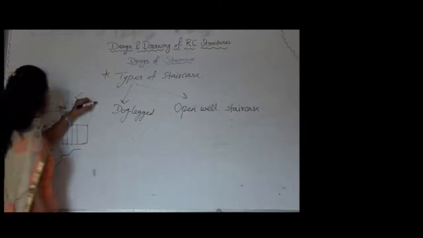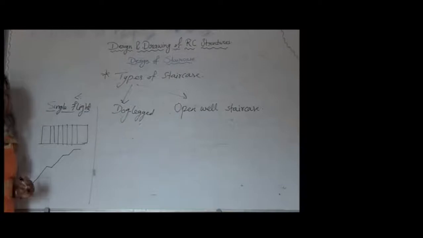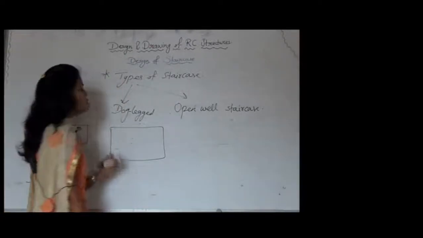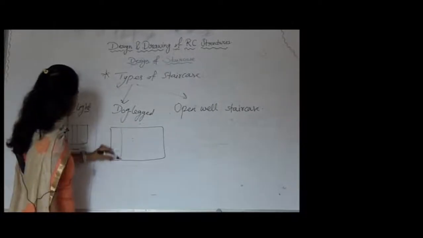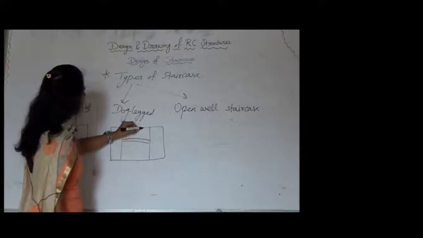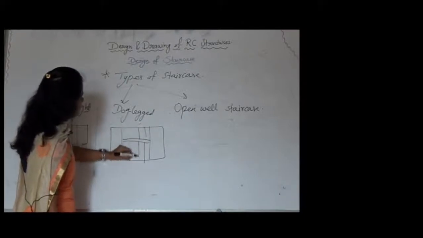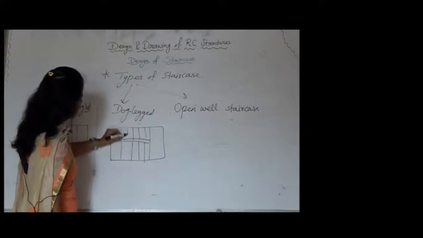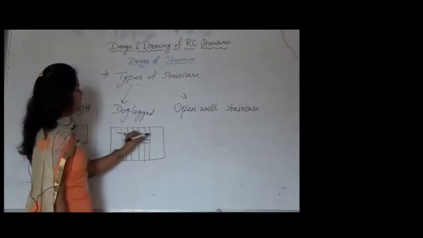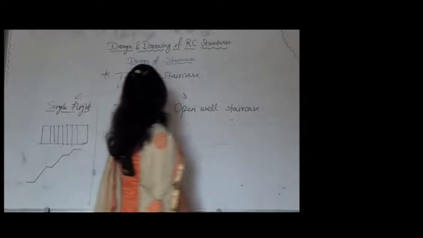Whereas in case of dogleg, it consists of two opposite flights separated by a distance of 100 to 150 mm. This is our flight 1. We reach the mid landing portion.